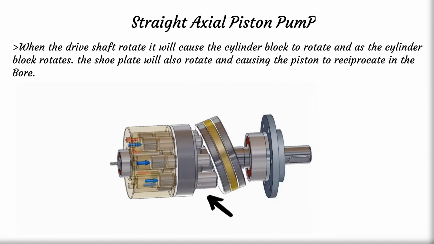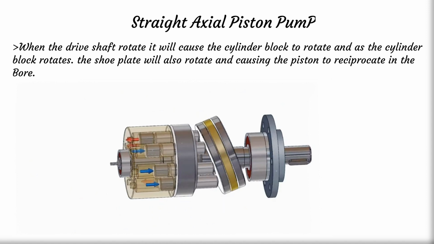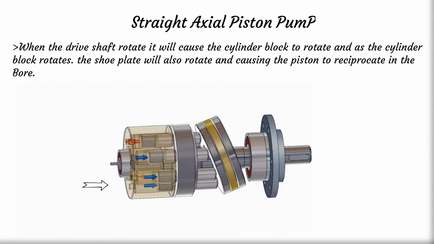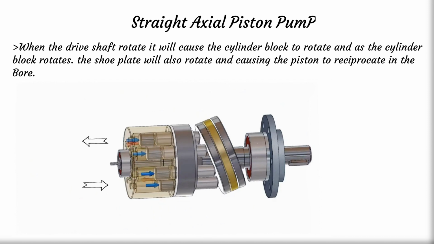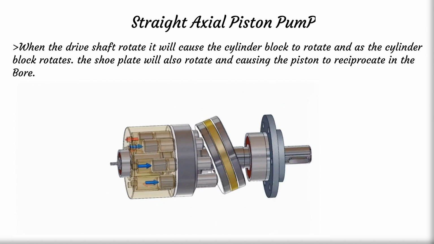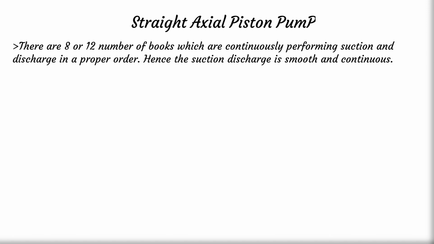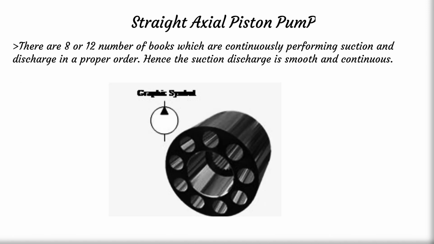When this happens, half rotation of the cylinder block causes suction of the oil into a bore and the other half rotation causes discharge of the oil, and this is how it works. There are 8 or 12 bores which are continuously performing suction and discharge in a proper order, hence the suction and discharge is smooth and continuous.